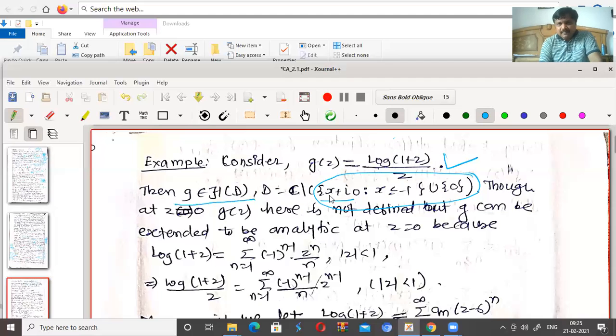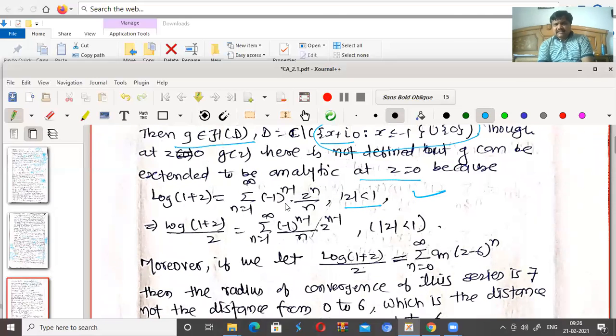And therefore we are removing these points from C, and at the remaining points log of (1 plus z) upon z is always defined. Though at z equal to 0, g(z) here is not defined, g can be extended to be analytic at z equal to 0, because log of (1 plus z) is summation n from 1 to infinity of minus 1 raised to n minus 1, z raised to n upon n, for mod z less than 1.